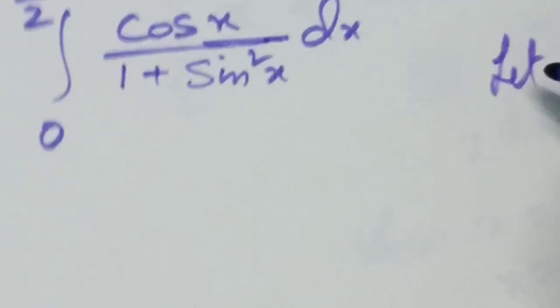Here we know we have to substitute sin x equal to t. Then cos x dx is dt.